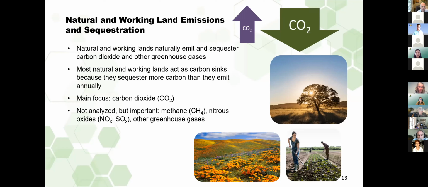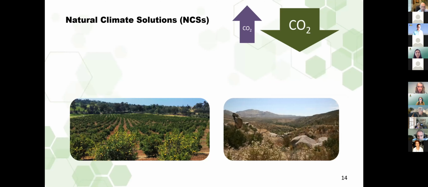This is not to say that these other greenhouse gases are not important. Rather, this chapter acknowledges that carbon dioxide is the bulk of the problem in the region, and atmospheric carbon dioxide drawdown by natural and working lands is accomplishable, and efforts to protect or enhance natural sequestration of carbon dioxide can be meaningful in the region. As previously mentioned, this chapter focused on the regional natural climate solutions available.